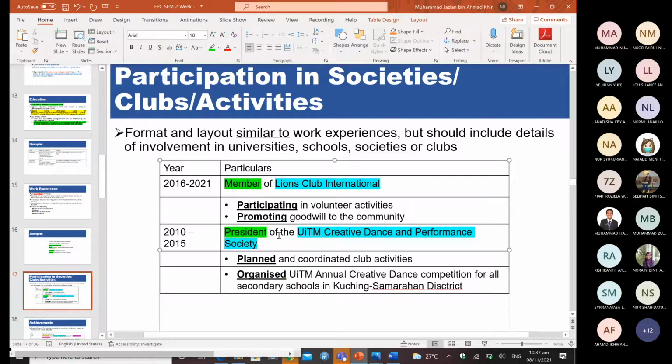For this kind of clubs or society, make sure you describe your responsibility. I'm sure you all notice this one is in 21. Okay, in 2021. This year is 2021.